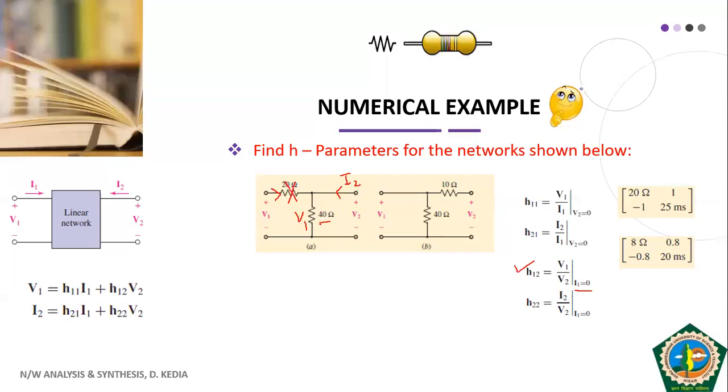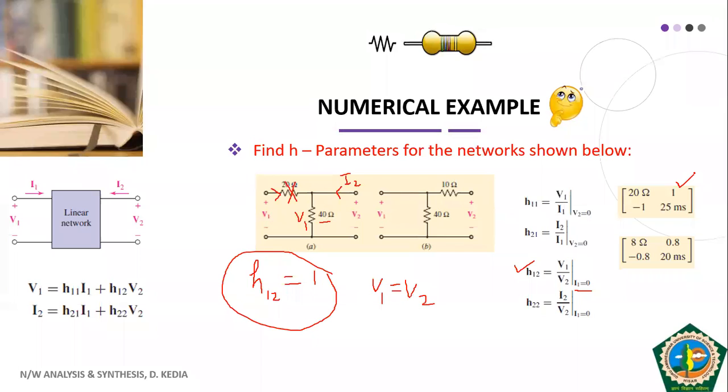V2 is also present across the 40 ohm. So V1 equals V2, which means the ratio of V1 and V2 will be nothing but 1. That's why your H12 is equal to 1. This is what has been represented here as H12.